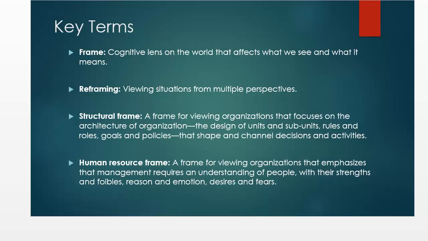Structural frame is one of four, and this is where we're looking at organizations based on the architecture of that organization: authority, roles and responsibilities, organization charts, and how we allow people to interact. Human resource frame says, well, that's all important, why don't we look at people instead, what strengths and weaknesses they have? How can we lead them?